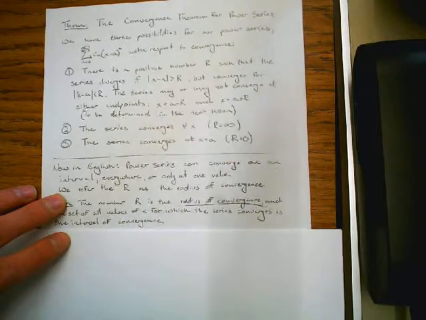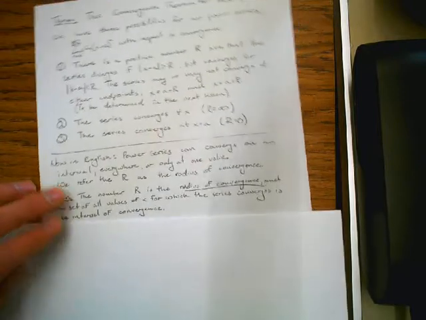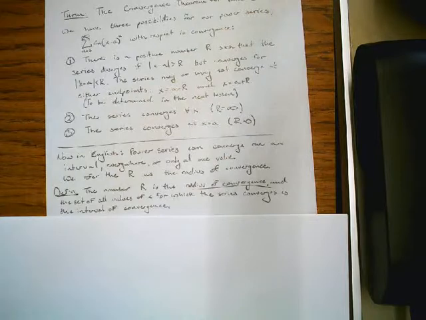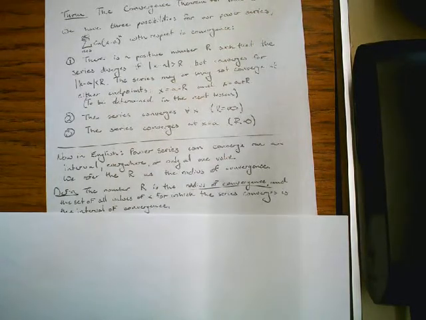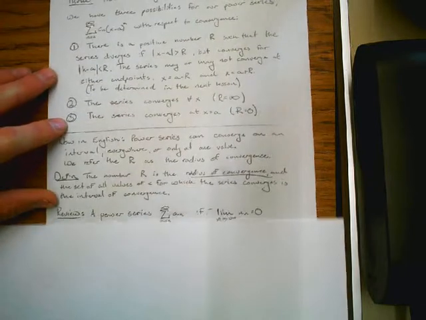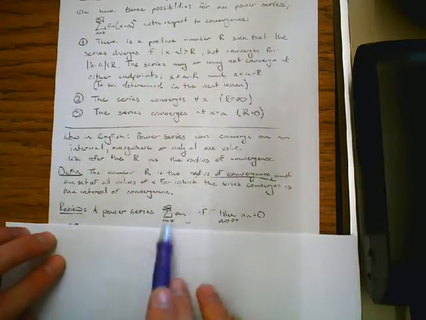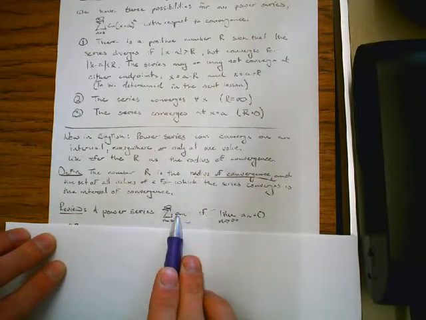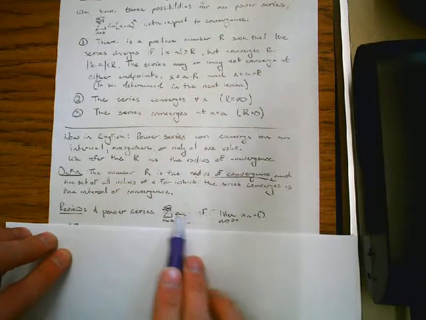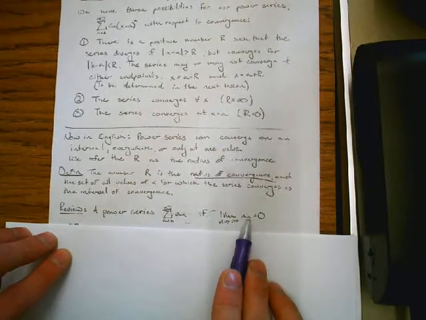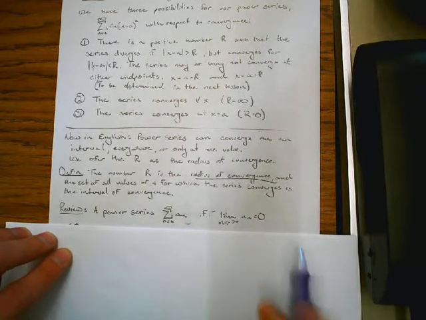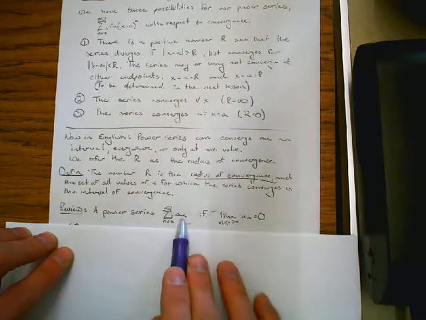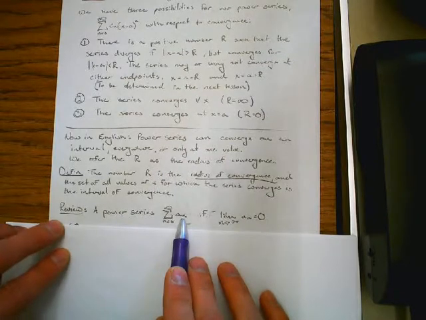And now what we're going to do is really discuss the different theorems that we have that will help us determine if a power series converges or diverges. One that we have discussed in the past is that if we have a series starting at n equals 0 and going to infinity of a sequence, if the limit as n goes to infinity of that sequence is 0, then we know the series would be convergent.